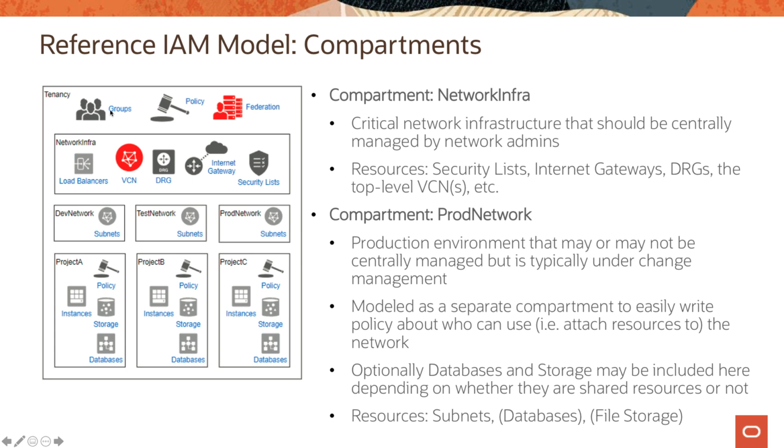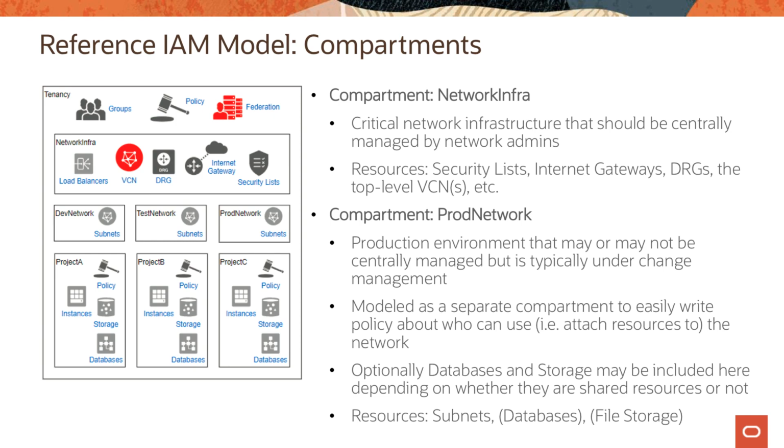So you have users in groups. There are policies written on those groups, and these policies are applicable to specific compartments. So this is going to allow you to write very fine-grained policies to authenticate and authorize your users appropriately.